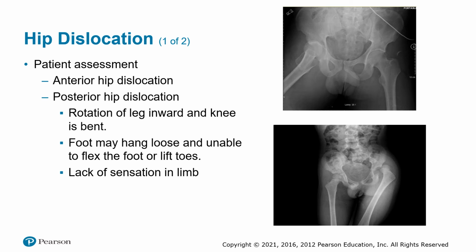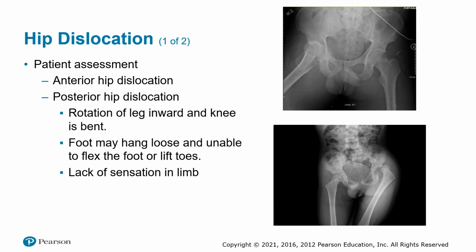Hip dislocations. These can be anterior or posterior. With an anterior, obviously the ball of the head of the femur has come out of the hip joint, and it's pushed forward in front of the pelvis. Whereas in a posterior hip dislocation, that ball of the head of the femur has popped out and it's in the back.